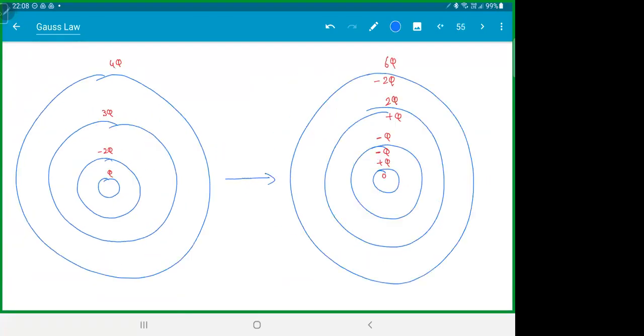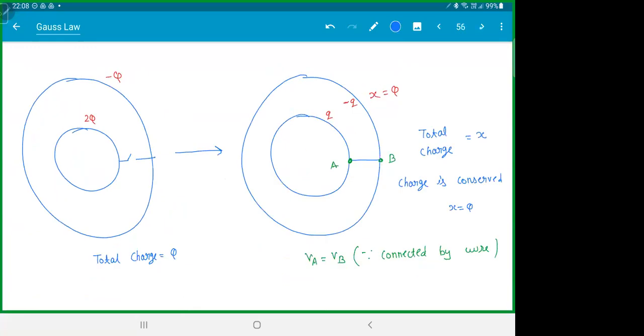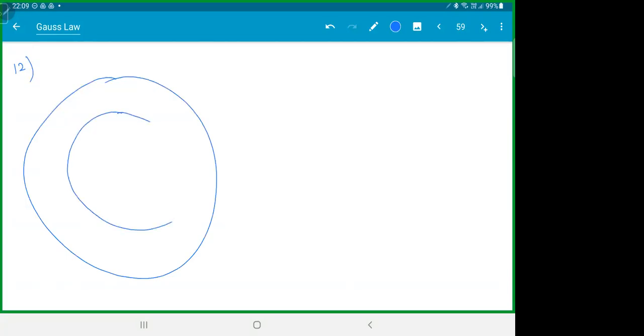Now let's try to do a problem. Let's see how we do. This will be a good one. Shell, shell, and we have a shell. 3 shells. Radius R, radius 2R, and radius 3R.